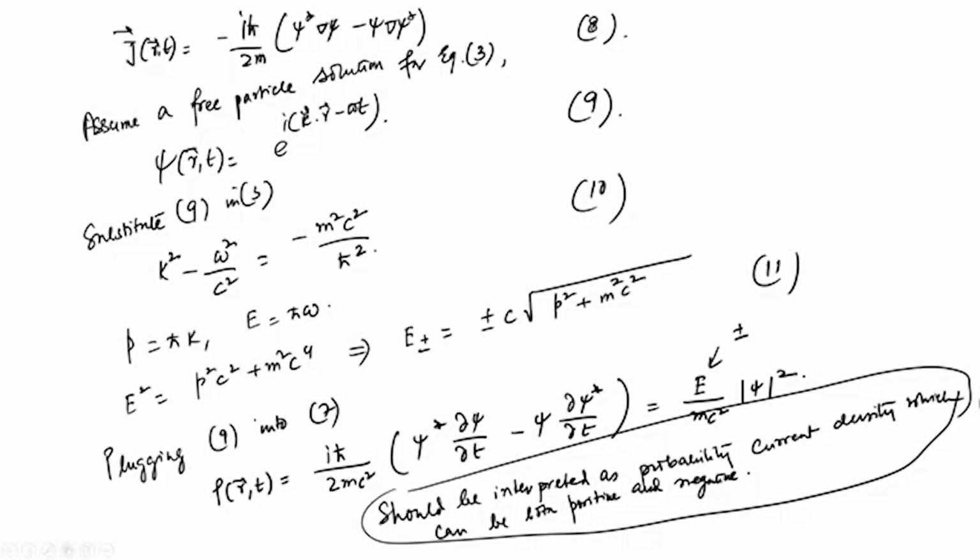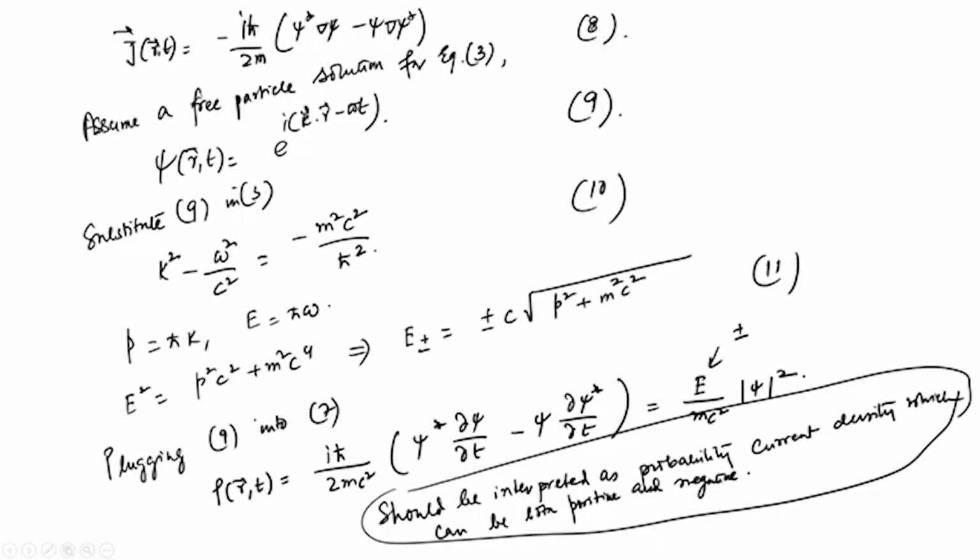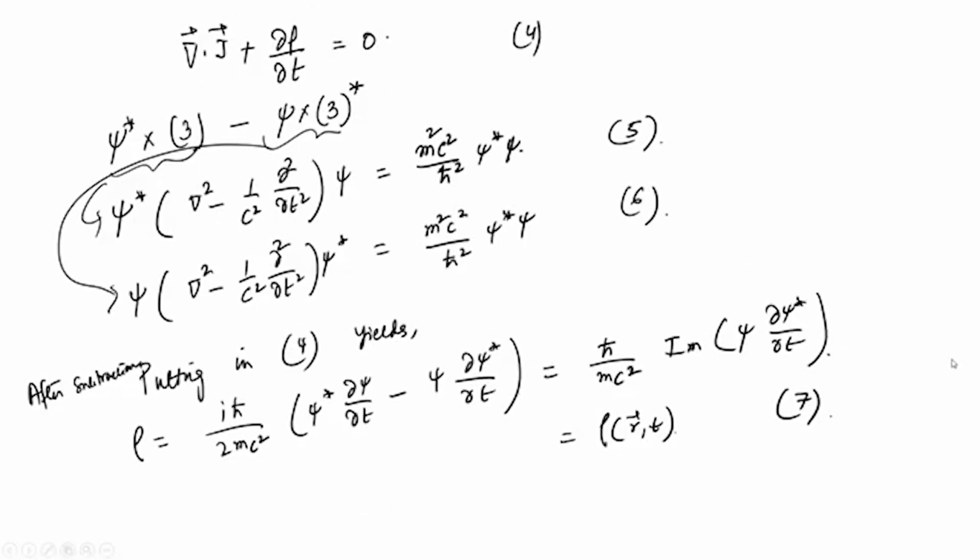So, this rho r t can be written, just putting the values of that, as equation set 12. It can be written as rho r t equal to plus minus c square root of p square plus m square c square, divided by m c square, times mod psi square.